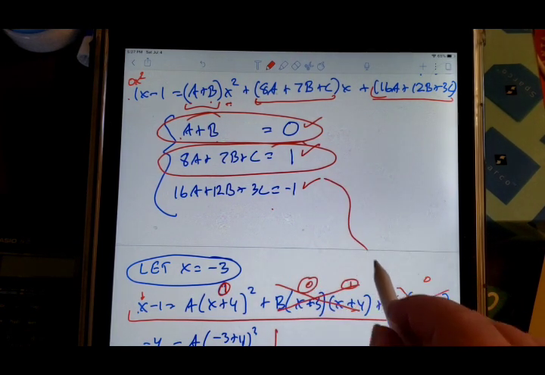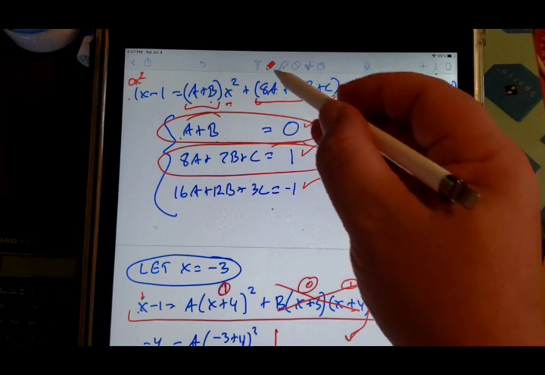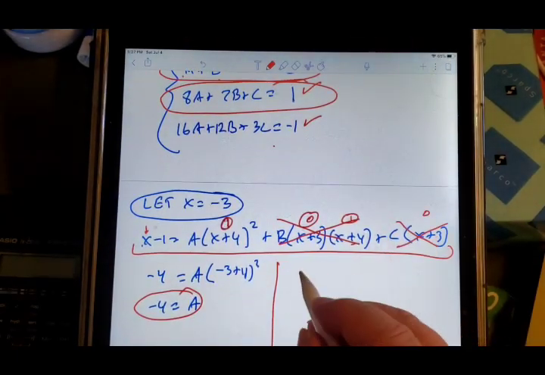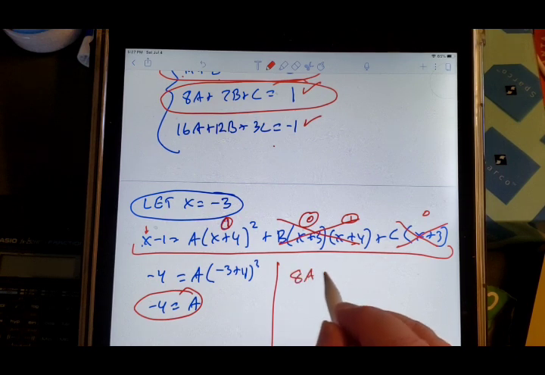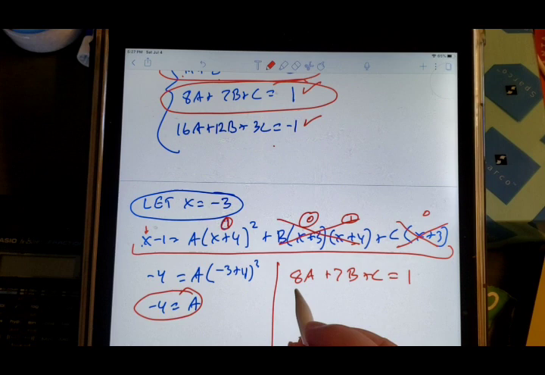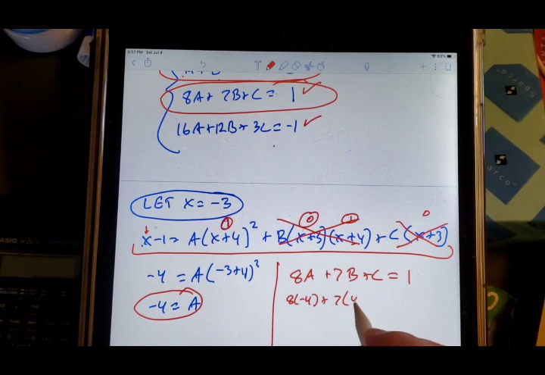Let me put the work down here. That's a little noisy. Put it there. Okay, so what do I have? I have 8A plus 7B plus C equals 1. But remember, A is -4 and B is 4.